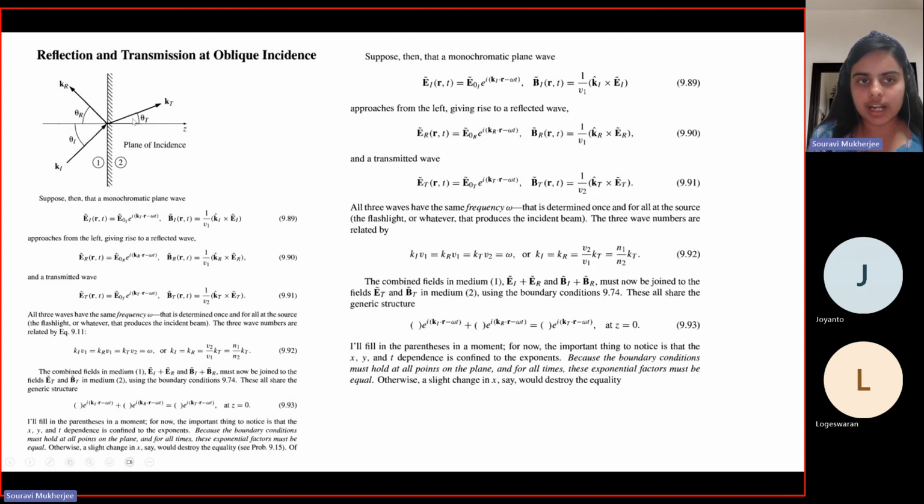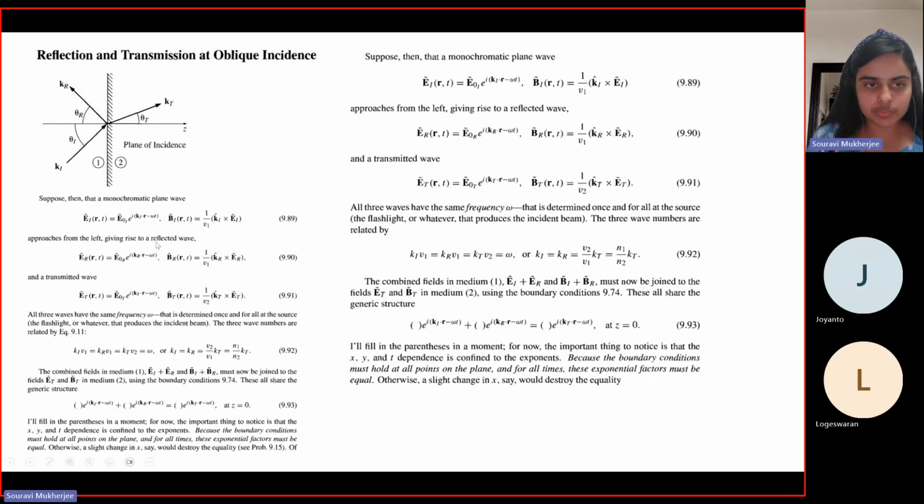So in that case, how do we work out the equations? The difference is that now the components along the parallel and the perpendicular directions will change, right? So we have to take the projections of the wave vector in the direction parallel and perpendicular to your interface. And accordingly, you have to use your boundary conditions.